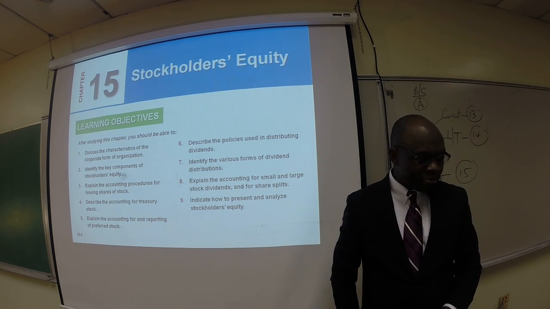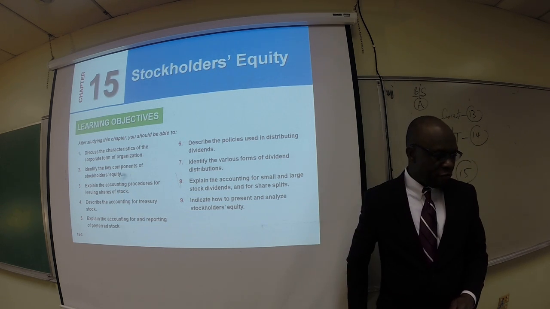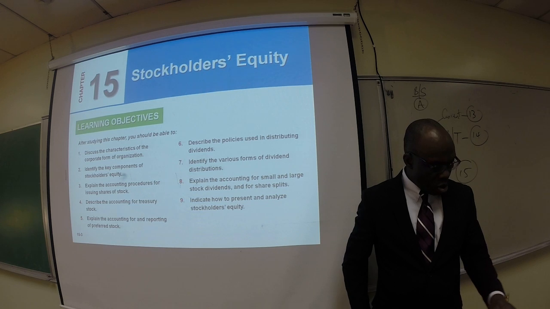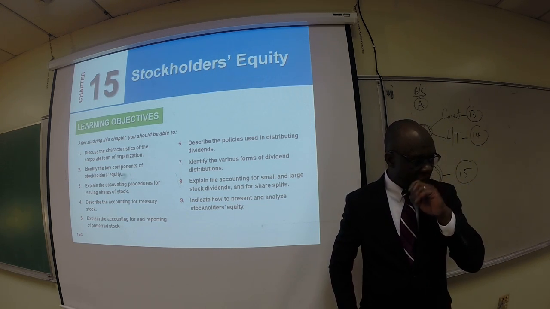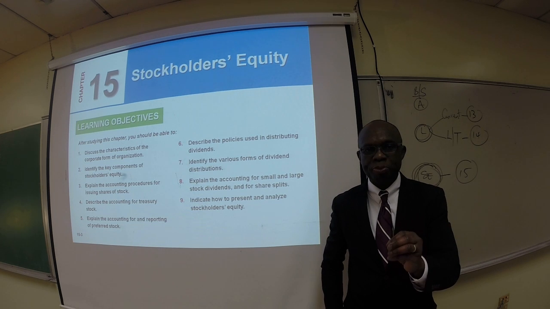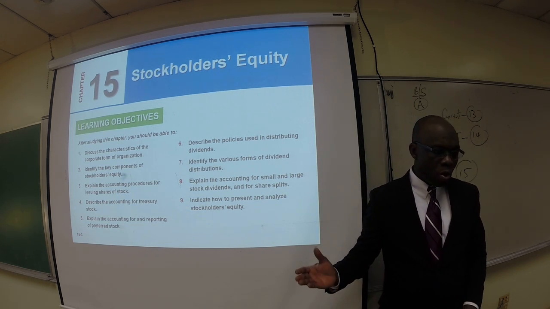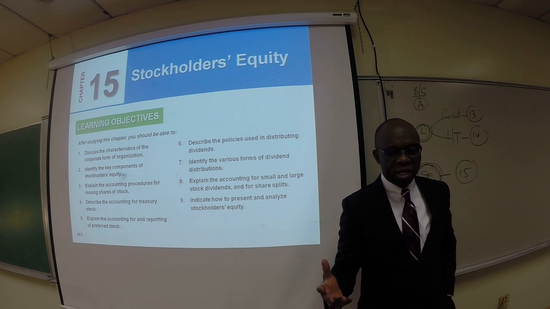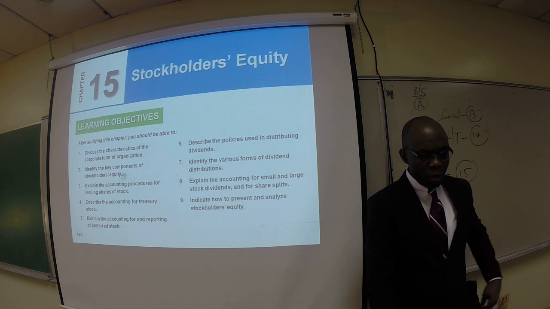Now, moving along, now that we have talked about the overview of the course and what we are trying to accomplish here, let us take a closer look at the specific objectives of this chapter. Number 1, we are going to talk about the characteristics of a corporate form of business. Then we are going to identify the key components of stockholders' equity.